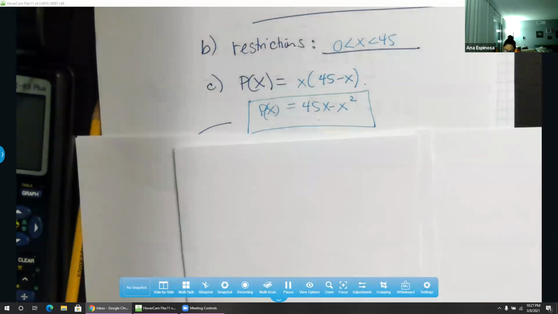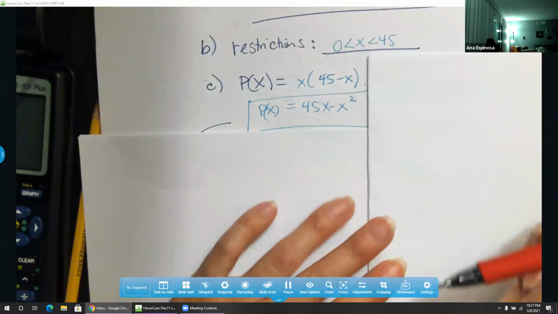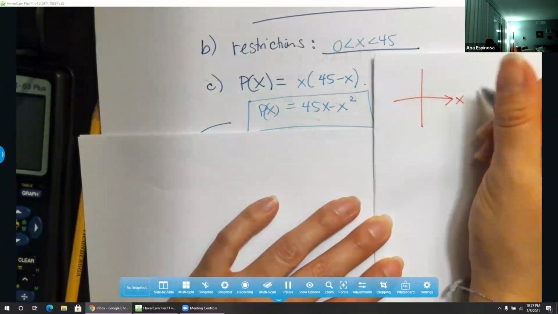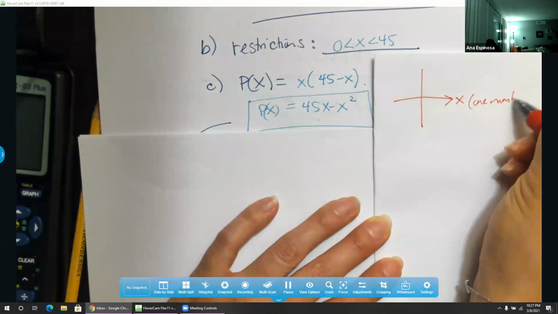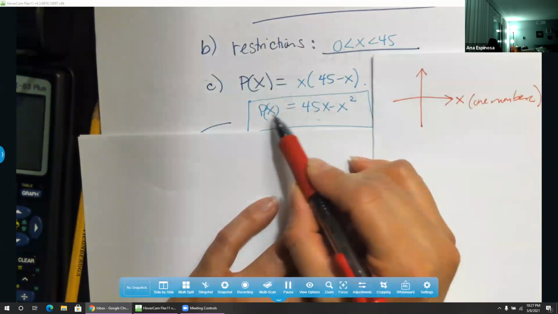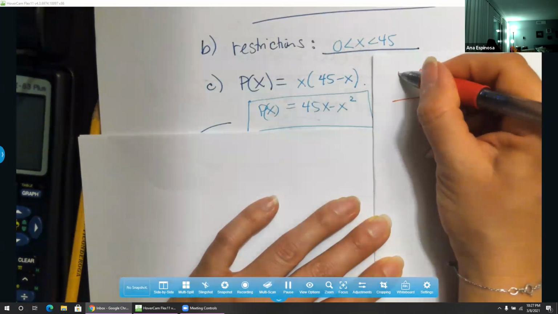Now my sad parabola has your x coordinate, which is the one number. The y coordinate, p of x, gives you your multiplication of these numbers.